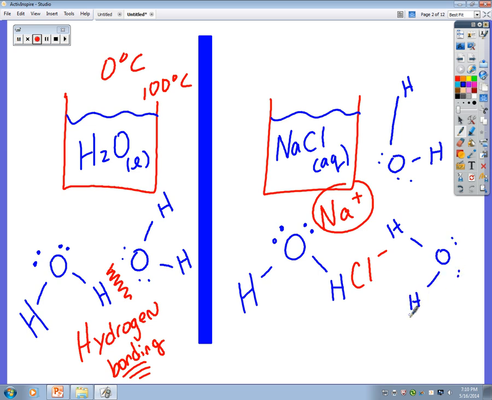It dissolves, which makes water busy. It's busy being attracted to the sodium and the chlorine. And so it freezes below 0, maybe at negative 4, and it boils above.